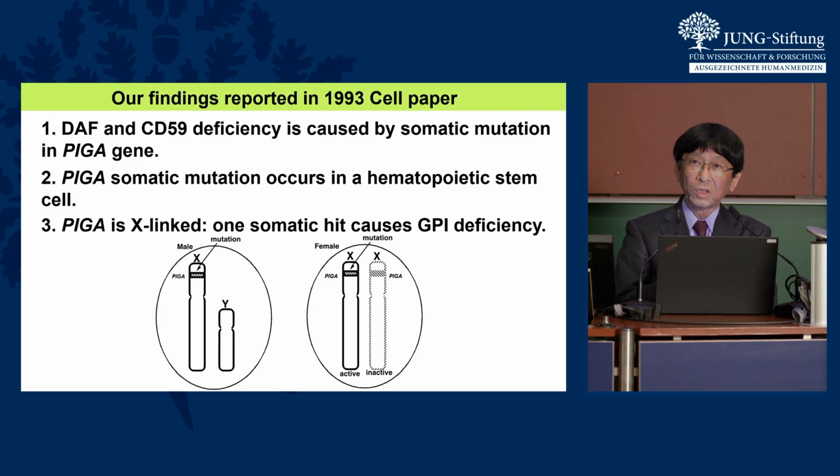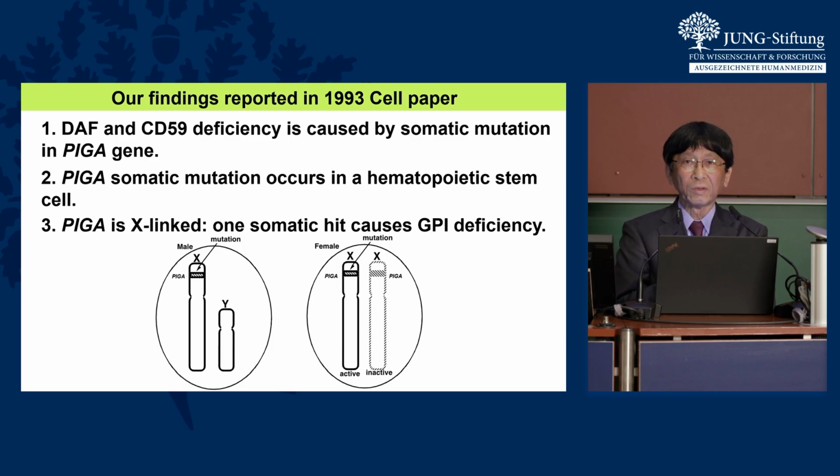And we found a PIGA mutation in the abnormal lymphocytes, but not in the normal lymphocytes, indicating that the mutation is a somatic mutation, not a germline mutation. And then we found the somatic mutation occurs in the hematopoietic stem cell, because the granulocytes and abnormal lymphocytes have the same mutation. So the mutation must occur in the hematopoietic stem cell.